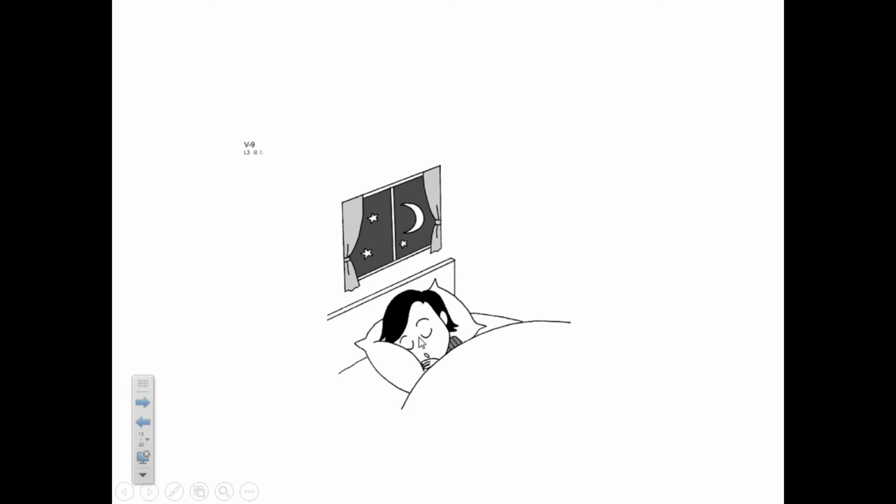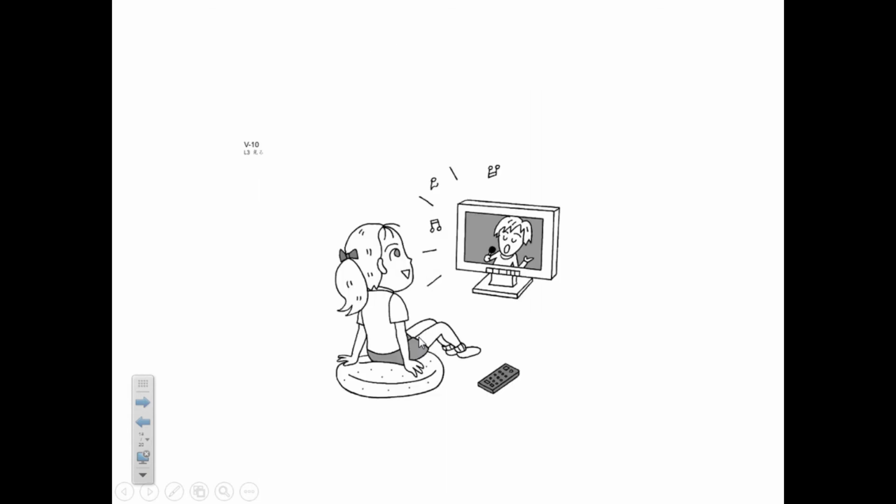Next one is to sleep, neru. And to watch, to look at, miru. Like this, they're all ending with ru. So that's why it's called ru verbs.